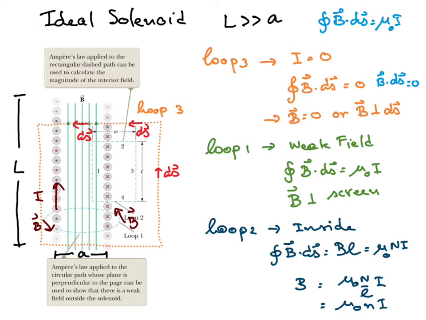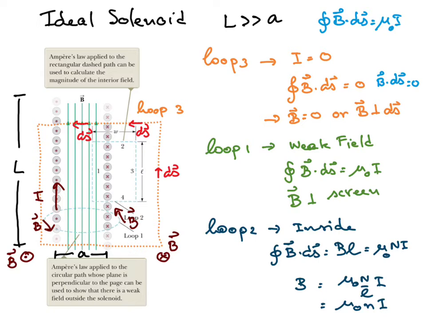It means that on the left, the magnetic field will point out of the plane, and on the right, the magnetic field will point into the plane like this and form a circular path that is perpendicular to the axis of the solenoid.